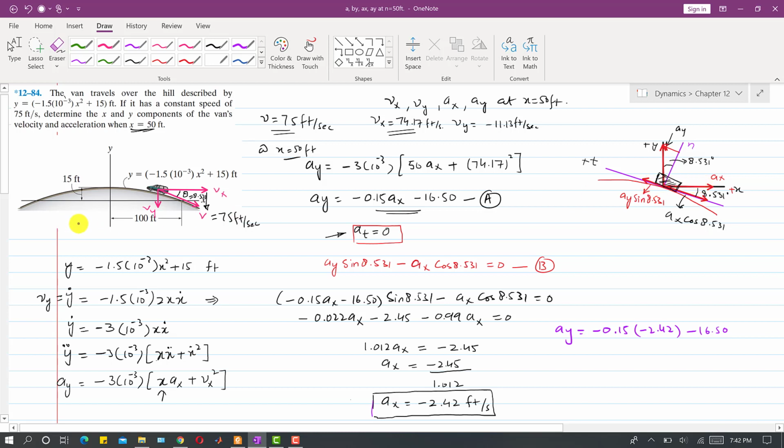So ax is actually acting in this direction. If I draw it here, this is the ax direction, which is in the negative x. So now when we solve this equation, ay comes out to be minus 16.14 feet per second square, and ay is also negative, right? So this means that the ax direction is this and the ay direction is in the negative y direction. So now we have found vx, vy, ax and ay, right? So this is the solution of this problem.